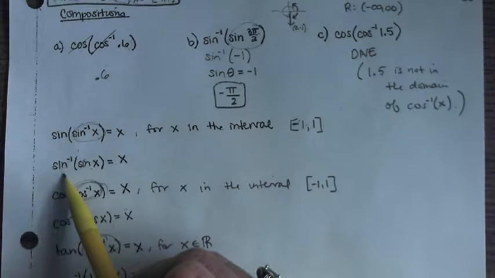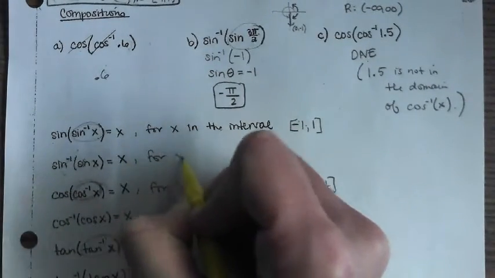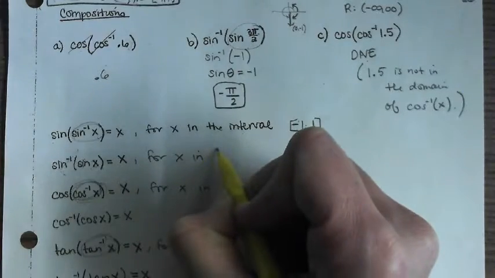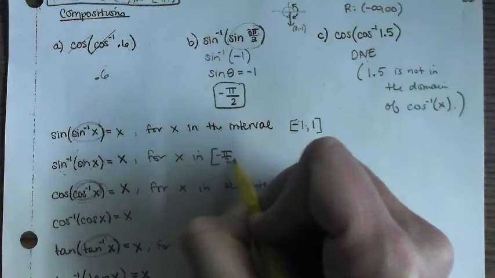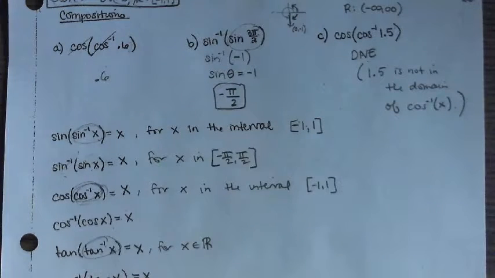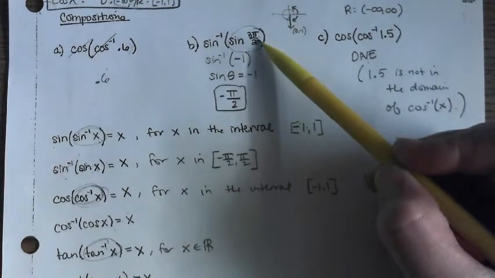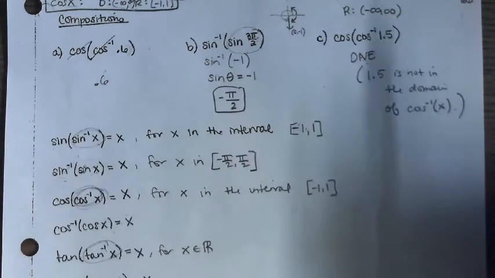We have to get something between negative pi over 2 and pi over 2. So the only way it will equal what the original x was would be for any x's in that interval, negative pi over 2 to pi over 2, which sort of explains why example B did not work out as being a cancellation, because this original x value was not in that interval. If it had been, it would have been a straight cancellation.